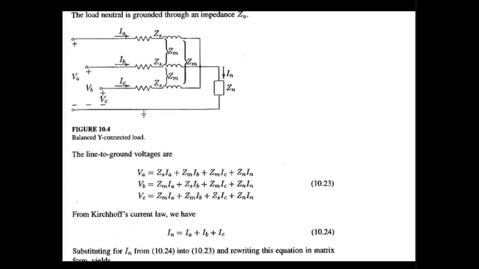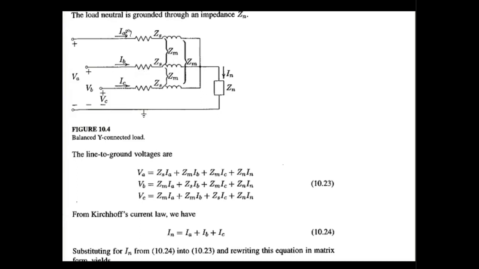When you want to write the voltage expression for phase A, say VA, you will have some current IA for that phase, and that has the impedance ZS. So IA with ZS, this is for phase A. But you will have some current effect from the other phases as well, right? The mutual effect on phase A due to phase B. Phase B has mutual impedance of Zm.